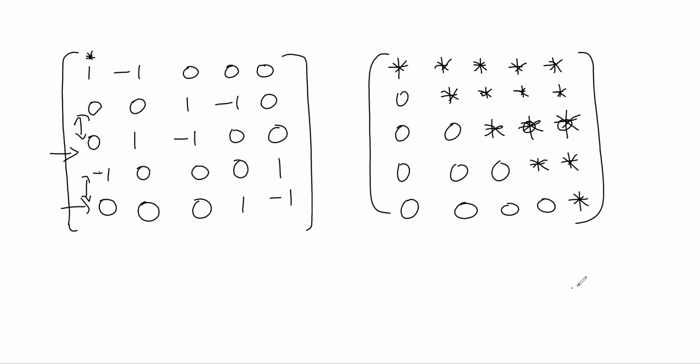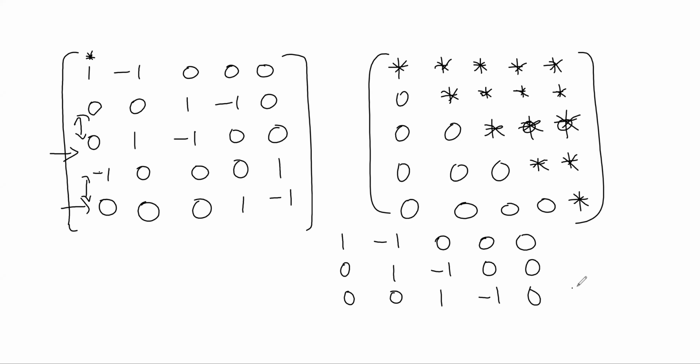Then you will get the matrix 1, -1, 0, 0, 0. Next, the third row in the second position: 0, 1, -1, 0, 0. Next, the second row in the third position: 0, 0, 1, -1, 0.